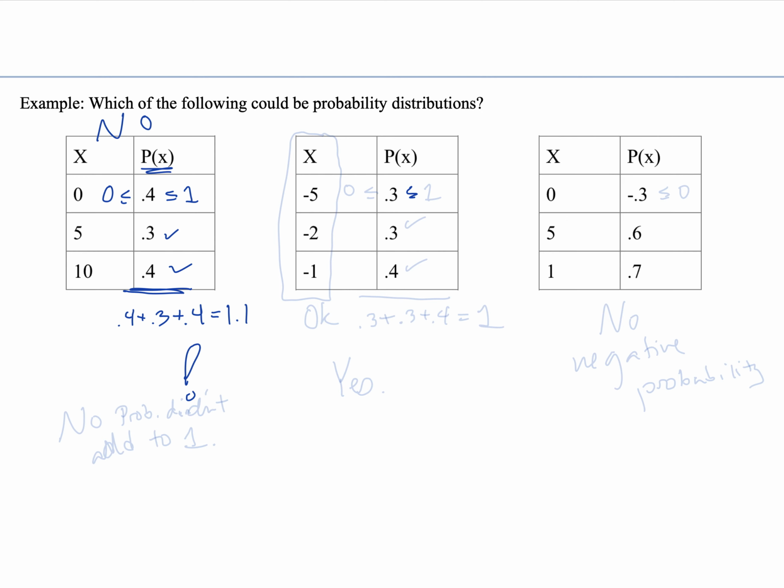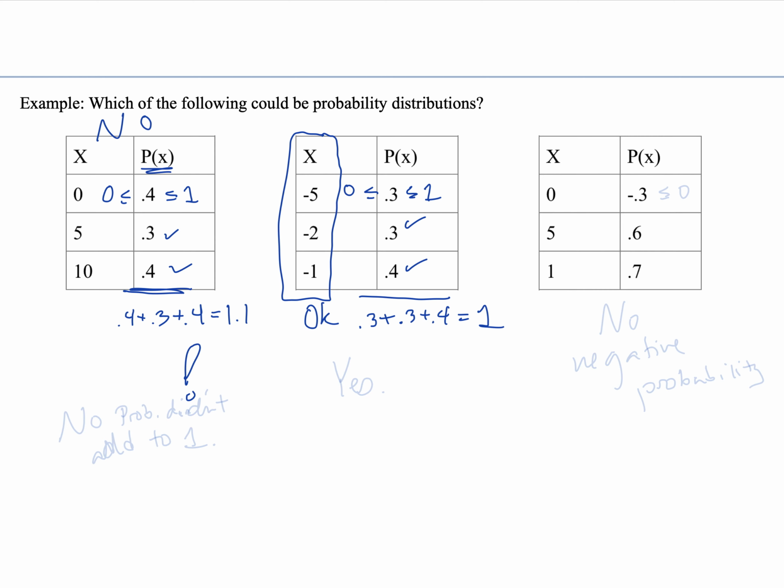Let's look at this example. So here we've got our probability between 0 and 1, and this is also between 0 and 1. This is also between 0 and 1. Great. If we add those probabilities together, 0.3 plus 0.3 plus 0.4, that gives us 1. Good. These values for x, the values of the random variable, are negative. That is okay.